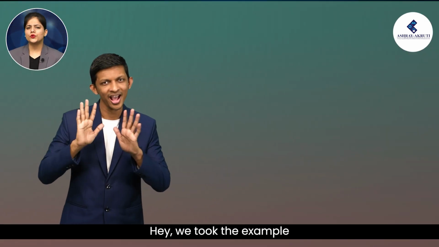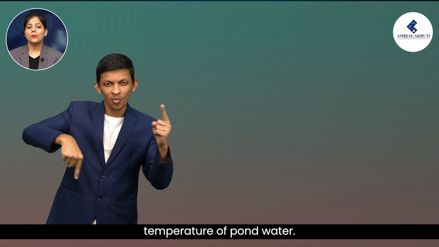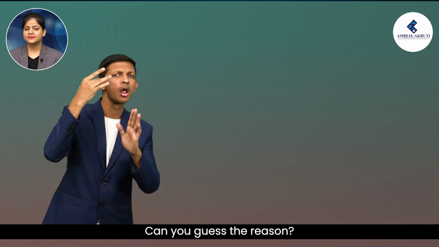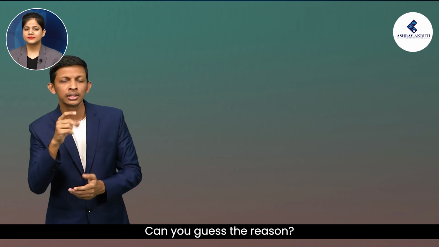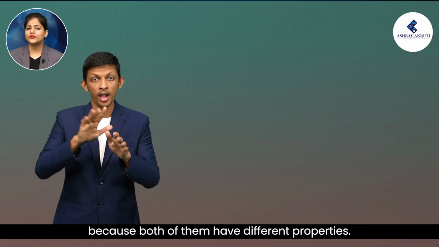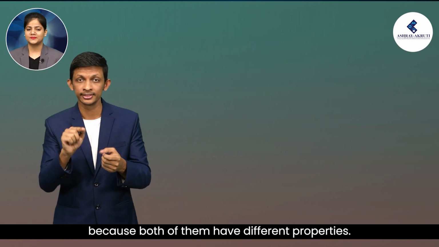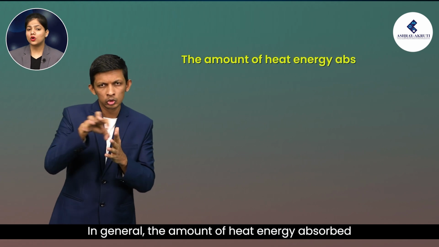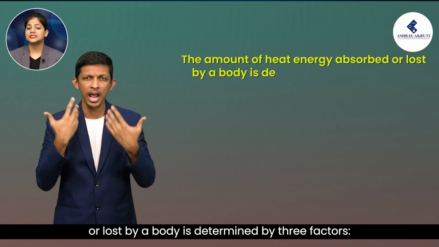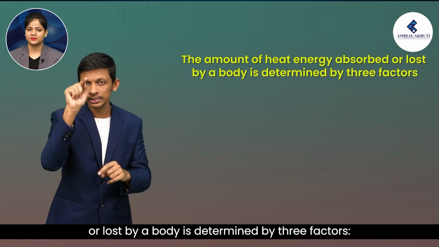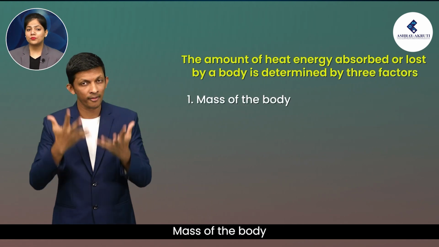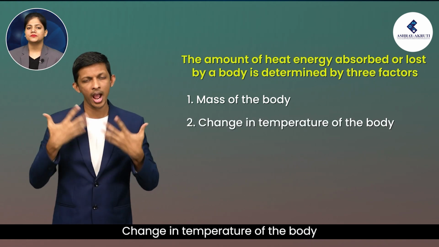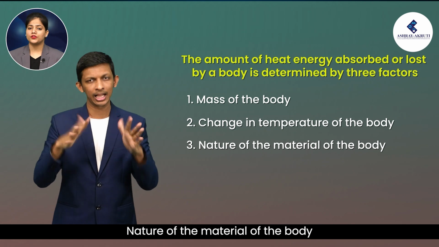Hey, we took the example of the temperature of pond water. Can you guess the reason? It is because both of them have different properties. In general, the amount of heat energy absorbed or lost by a body is determined by three factors: mass of the body, change in temperature of the body, and nature of the material of the body.